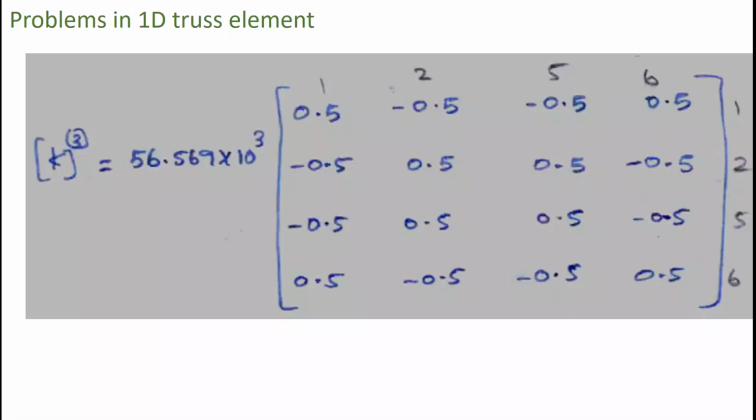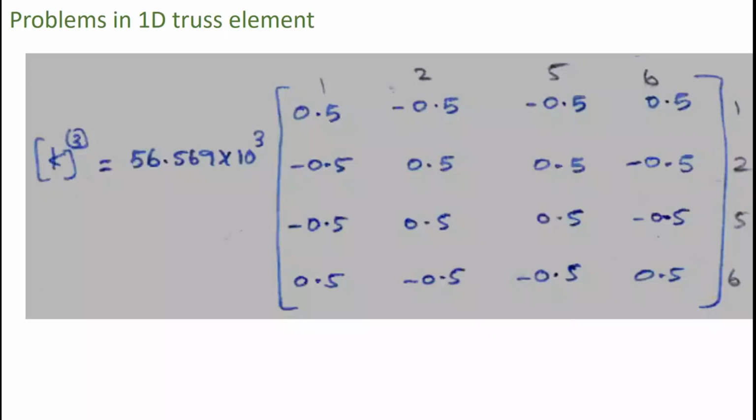The matrix values will be 0.5, minus 0.5, minus 0.5, 0.5, and so on with the corresponding signs. So from this we can calculate the element equations of element 1, element 2, and element 3.